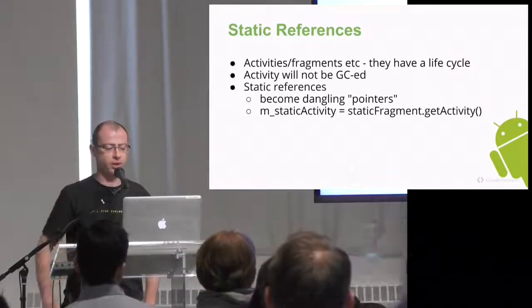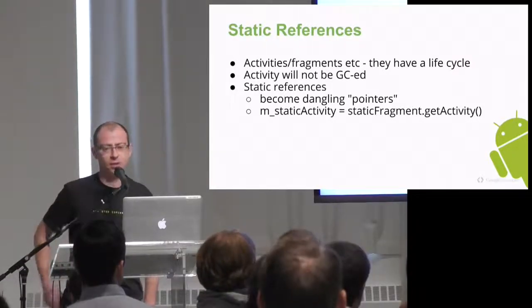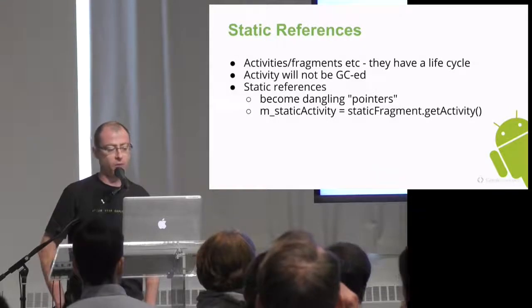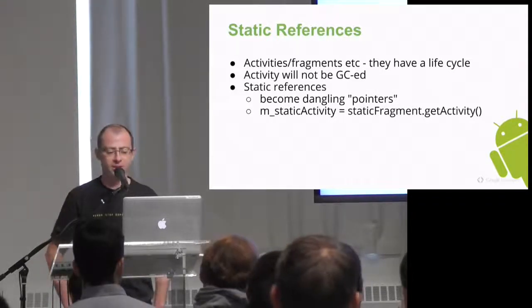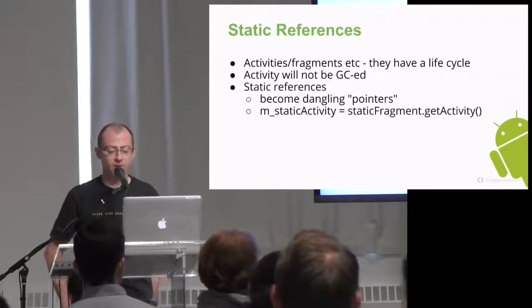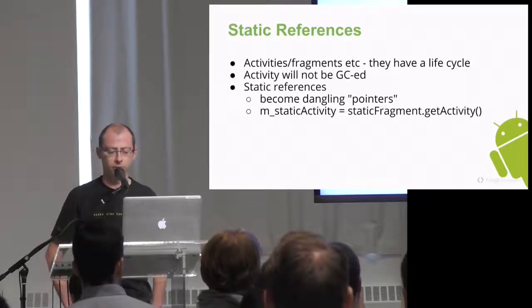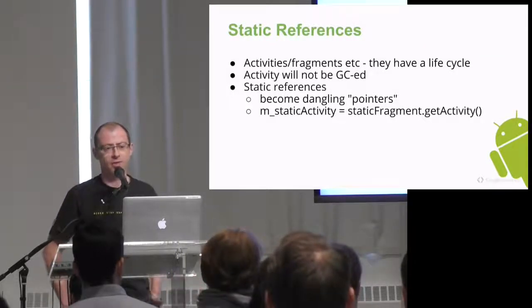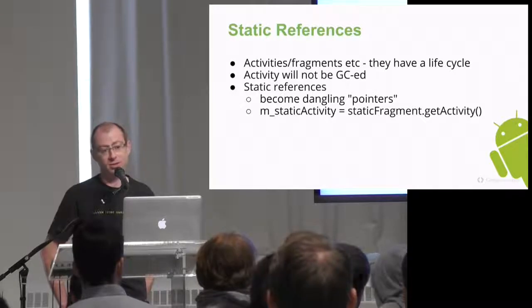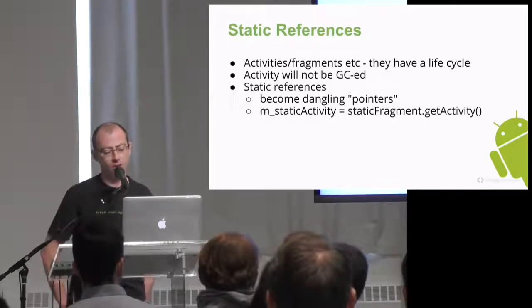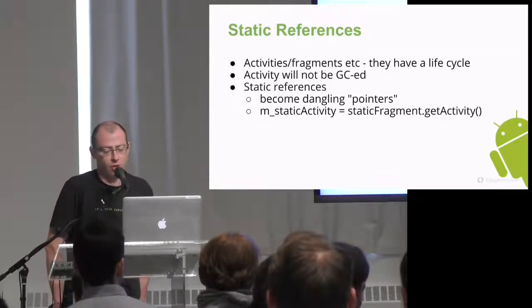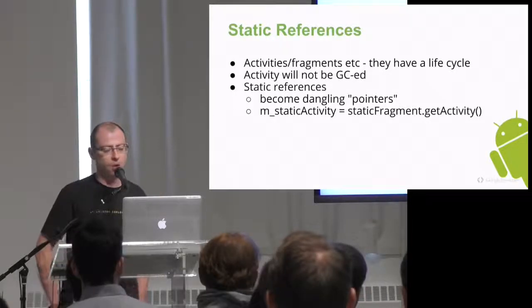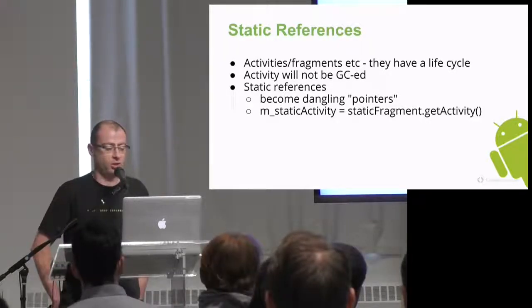Another really problematic thing is keeping static references. Don't forget, both activities and fragments have a life cycle. So once we have a static reference, this activity or fragment will not be garbage collected. And this is why static references are dangerous.